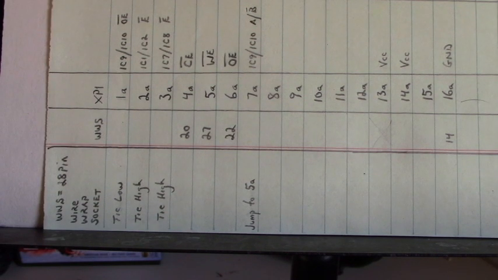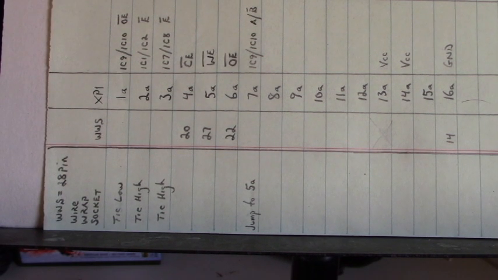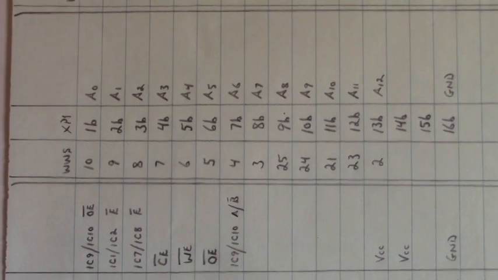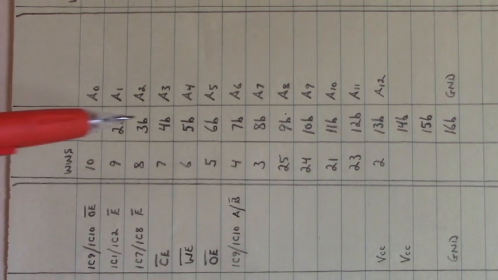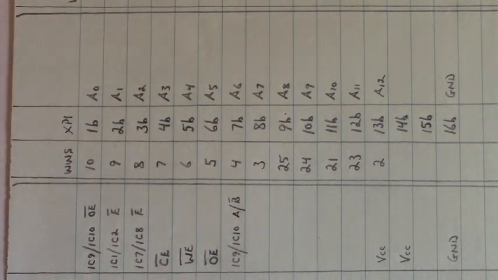Let's go look at the address bus, row B. There's the address bus. This is the wire wrap socket, and here is the 3-row connector.